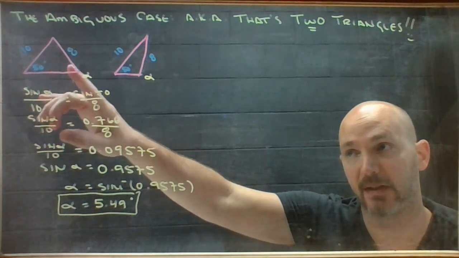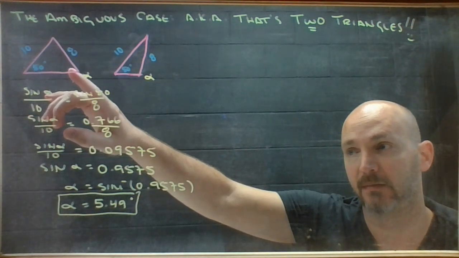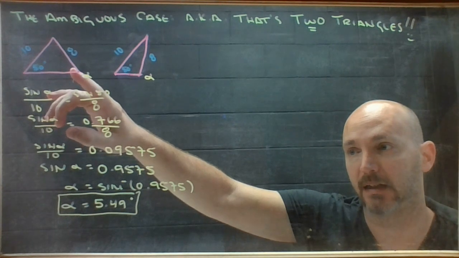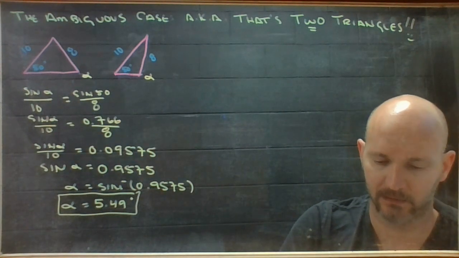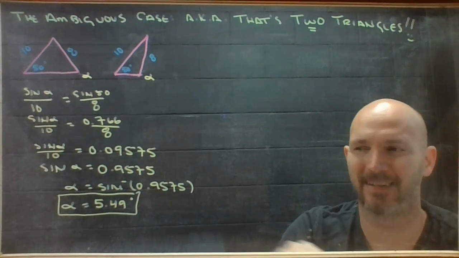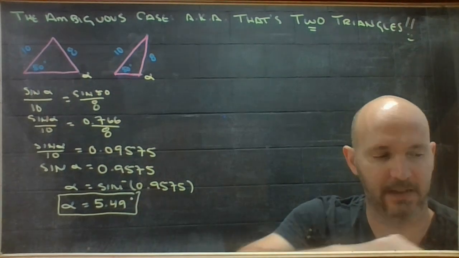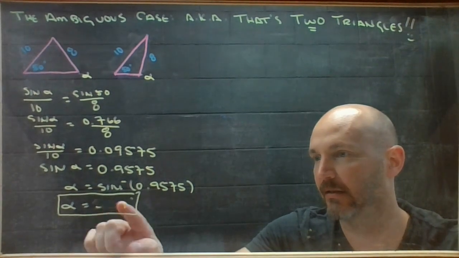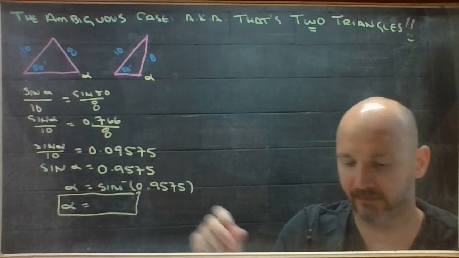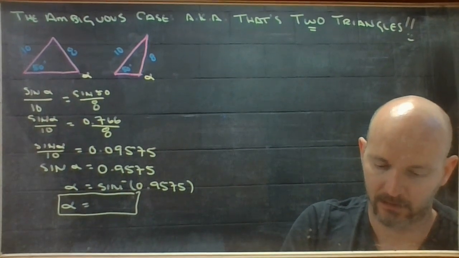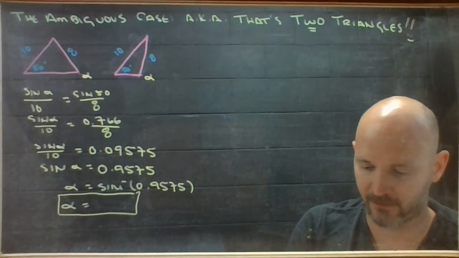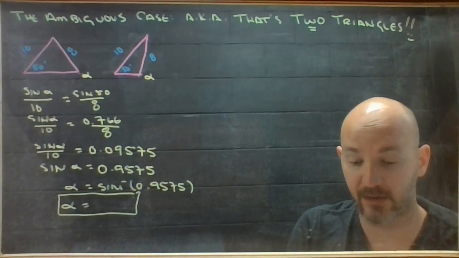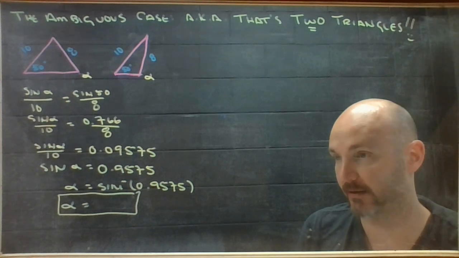If that's 50, that can't be. I think I typed that in wrong. Oh, I forgot to multiply by 10 in my calculator. Let me try that again. Sine inverse of 0.9575 is 73.24. I like that better.